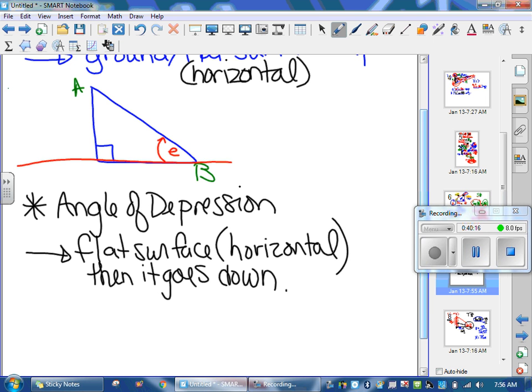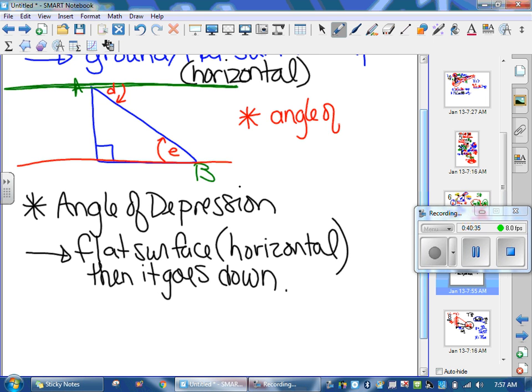Now there's a really interesting concept that angle of elevation is always equal to the angle of depression. Always, always.